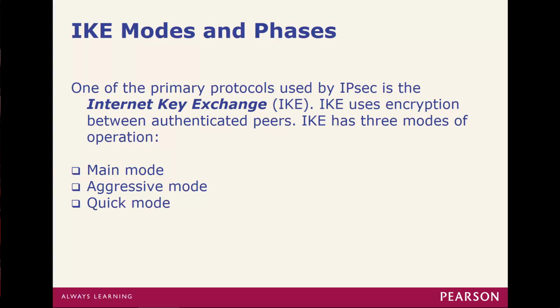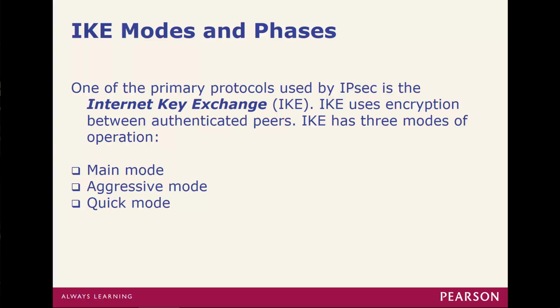Within a VPN, we have different types of modes and phases. So one of the primary protocols used by IPsec is IKE, the Internet Key Exchange, and IKE is used to encrypt messages and authenticate peers.